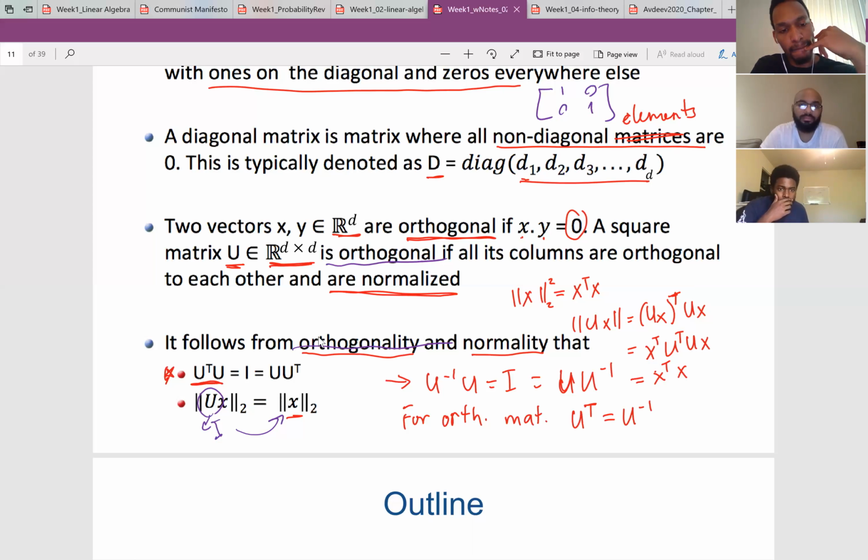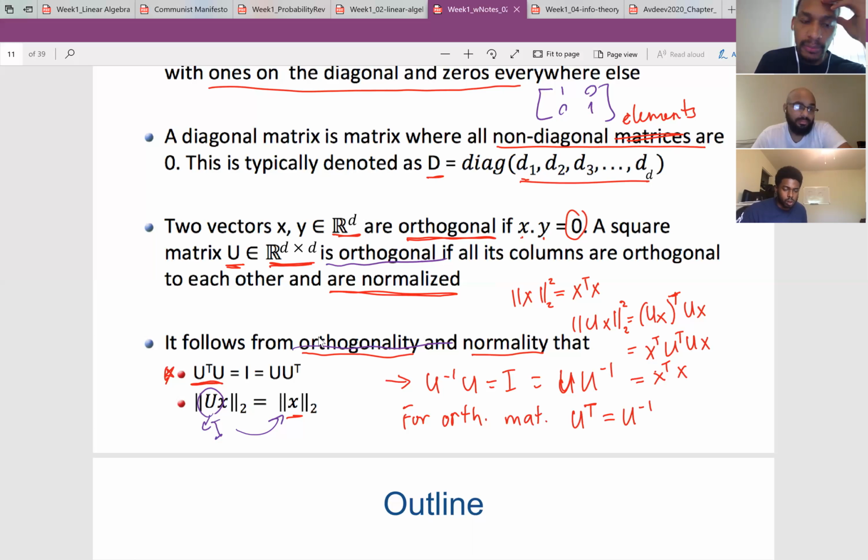And then the identity where we show that the L2 norm of UX is just equal to the L2 norm of X. Why is that useful? Do you know?